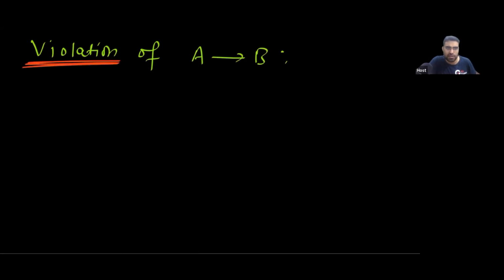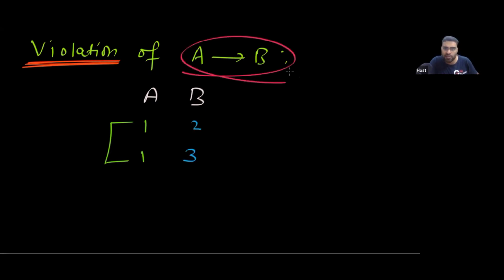Tell me one thing. How to create violation of A determining B? If you want to create a violation of A determining B, then what you need? Definitely you need this type of situation: two tuples have same A value, but they have different B value. Is this clear?